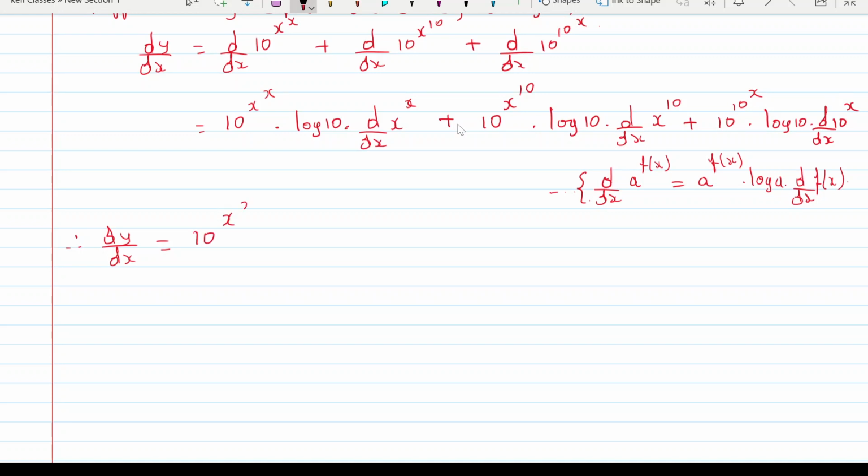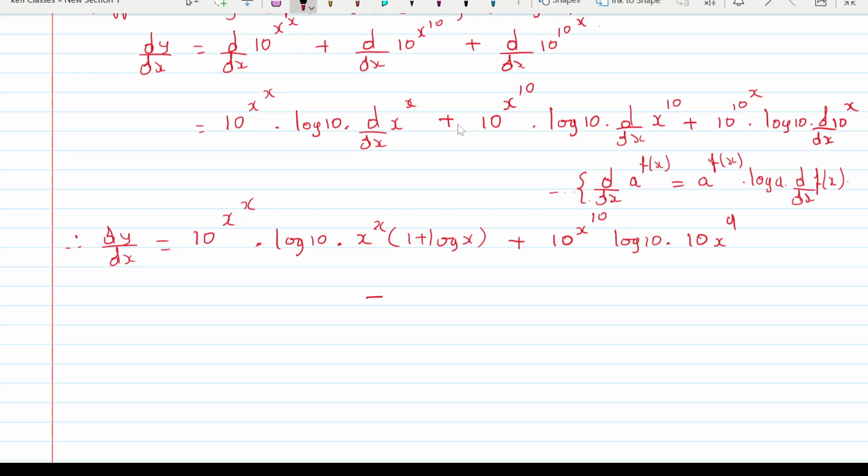Okay, let's go with this. 10 raised to x into log 10 into, we have already found this, it's x raised to x into 1 plus log x. That's by equation 2. Plus the second part, 10 raised to x raised to 10 log 10 into 10x raised to 9. Correct? x raised to 10, so its derivative will be 10x raised to 9.